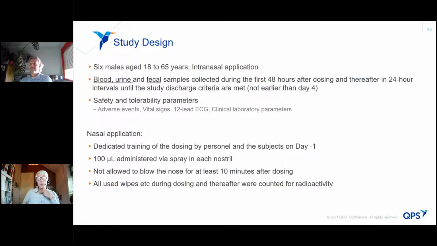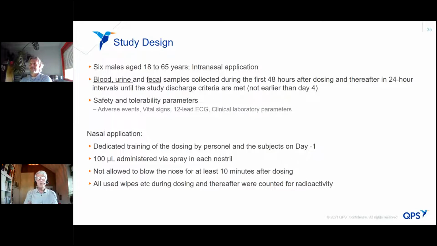People were not allowed to blow their nose, and preferably not allowed to sneeze, but that's not something you can control, for at least 10 minutes after dosing. And we allowed the use of wipes during dosing and thereafter, and those wipes were counted for radioactivity.